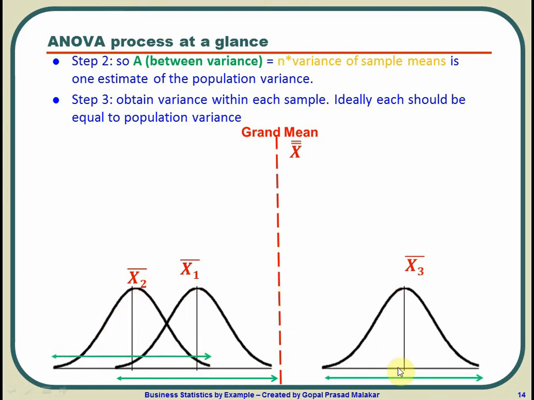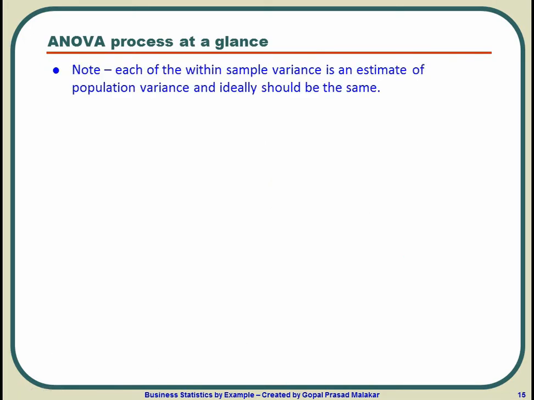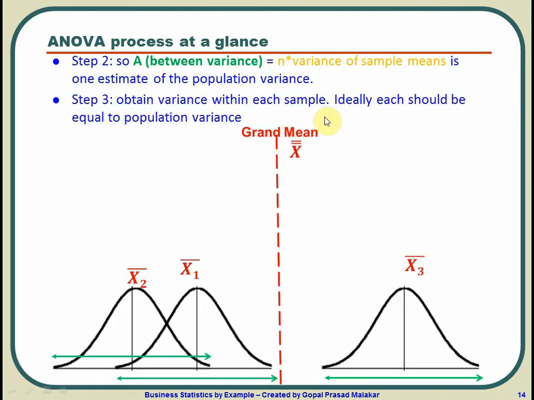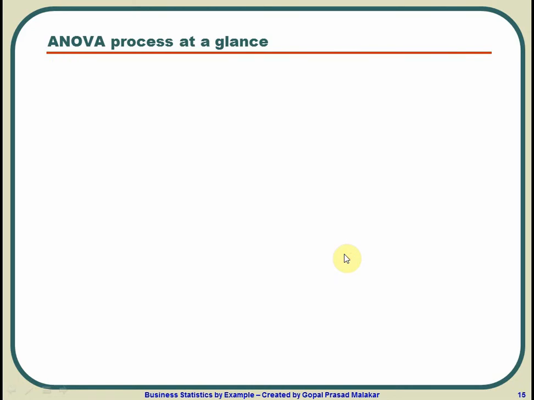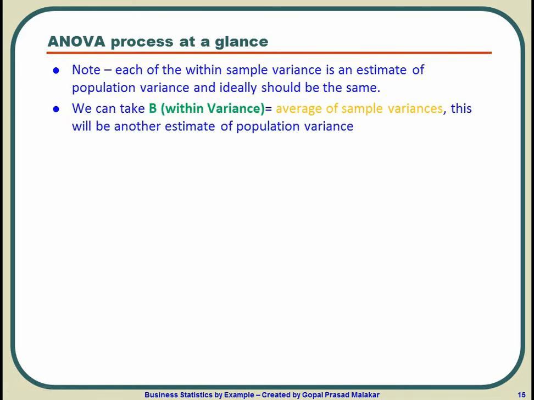All these variances are expected to be the same, and each within sample variance is an estimate of the population variance. These all three are supposed to be the same and equal to the population variance. Because you have multiple samples, you can take the average of the sample variances, and that will be another estimate of population variance.